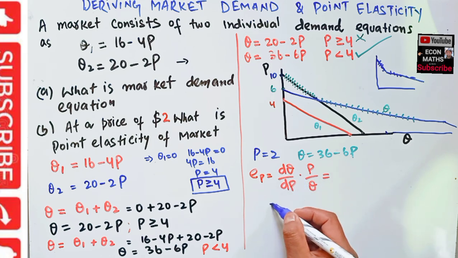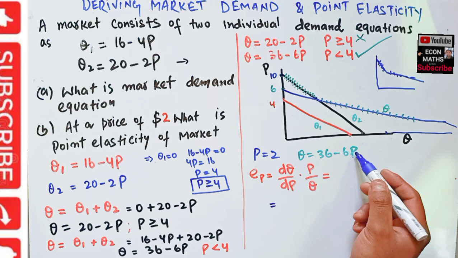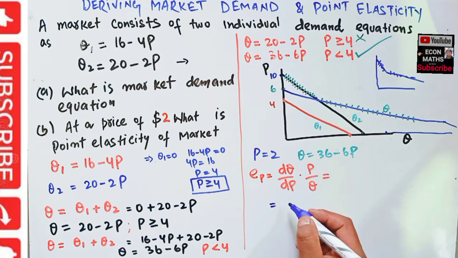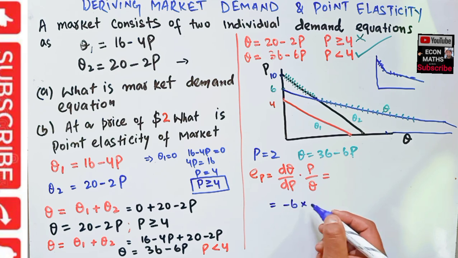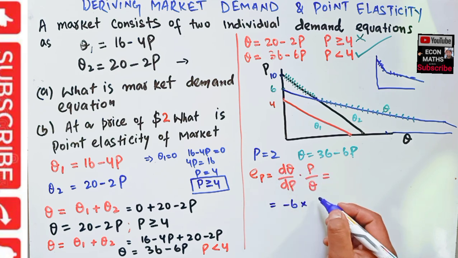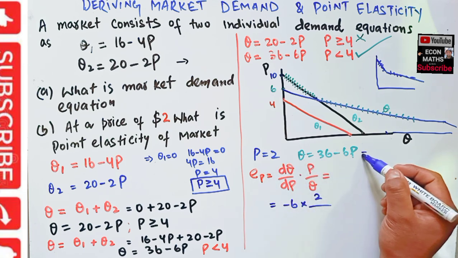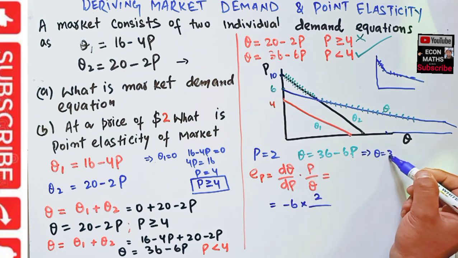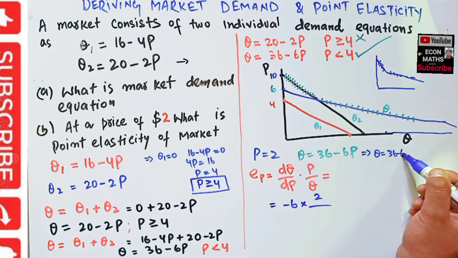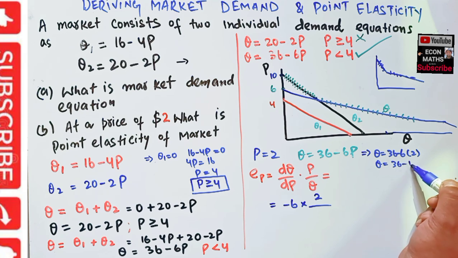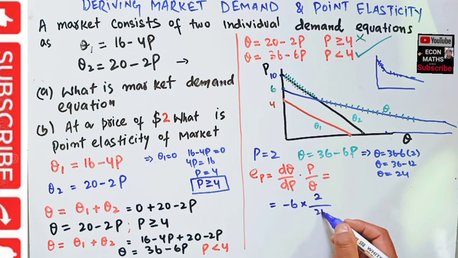If I take the derivative of this function with respect to p, the derivative of a constant is 0, the derivative of p is 1, so we are left with minus 6, into p, which is given as 2, divided by q. If p is equal to 2, what will be q? q will be equal to 36 minus 6 into 2, so q will be 36 minus 12, q is equal to 24.